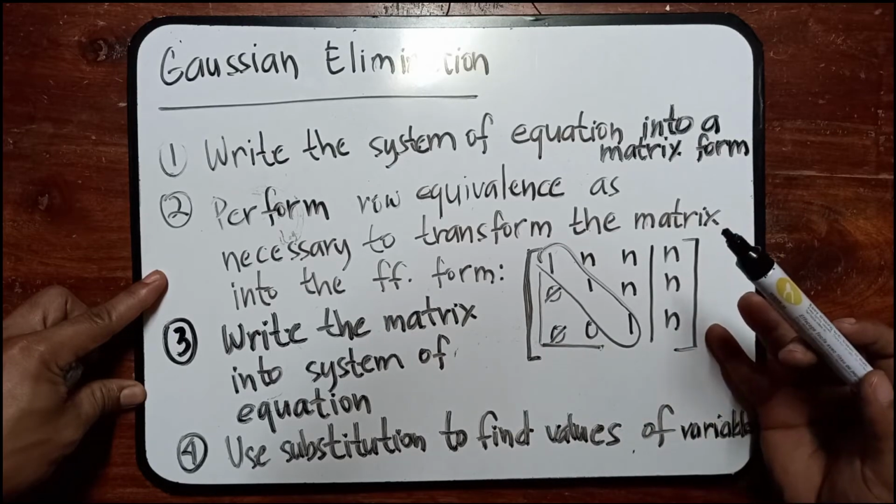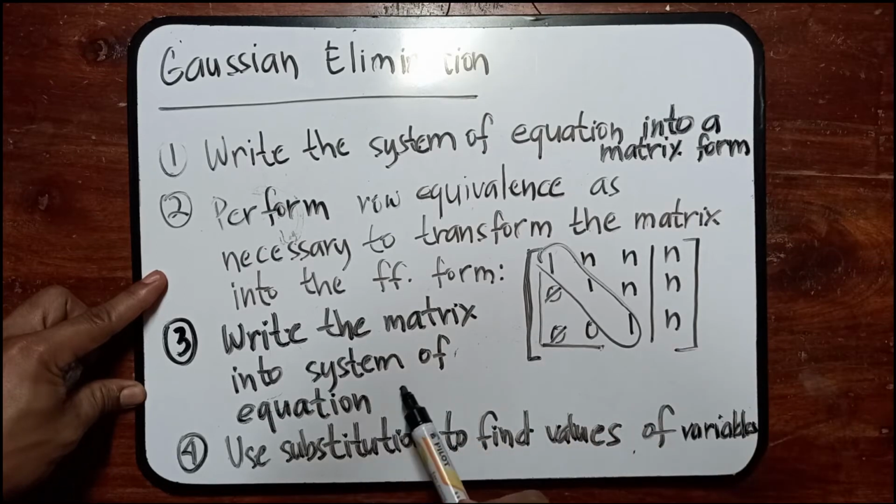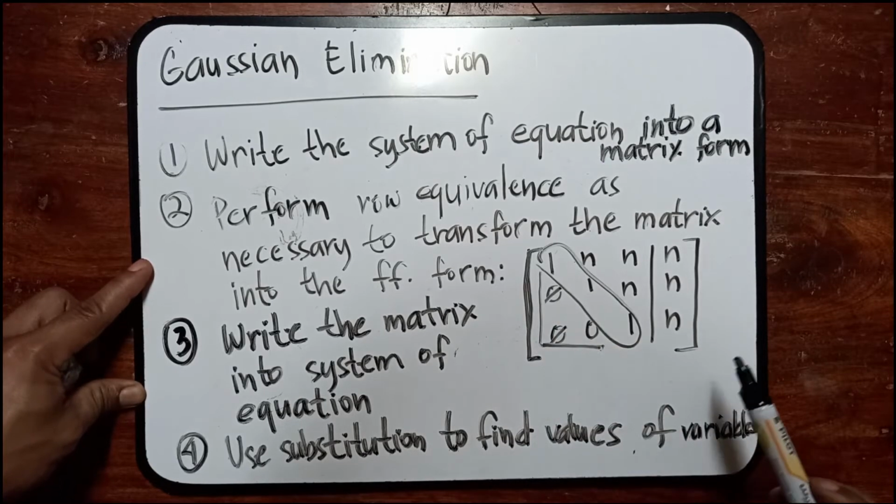After reaching this form, we transform the matrix back into a system of equations, and then we use substitution to find the values of the missing variables. So I want you to take note of this, pause this video for a while, and copy these important notes, and then we will do some examples on how to apply these rules.